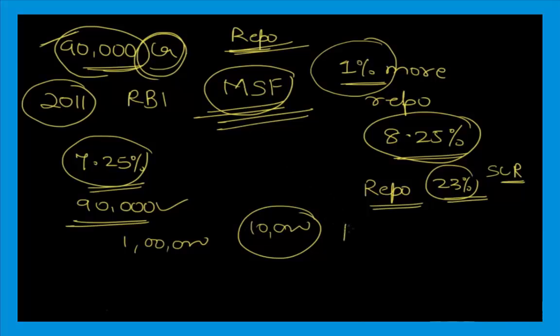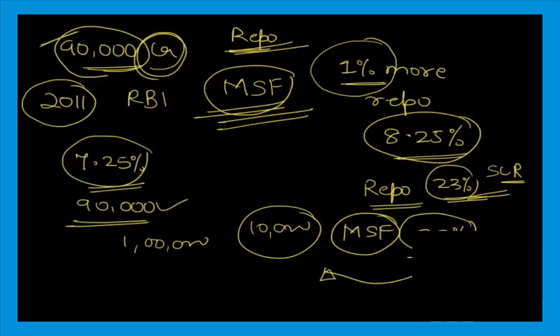But in the marginal standing facility, you don't need to buy more than 23% of SLR. You can use the securities from these 23% as collateral to RBI, and can borrow money under the marginal standing facility. This is how it is a little different from the repo.